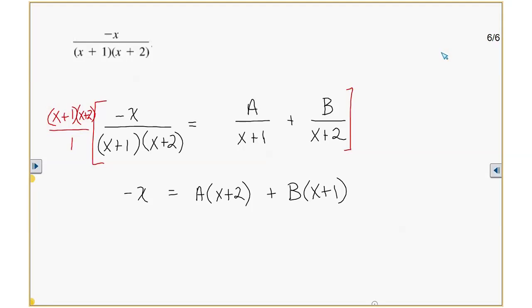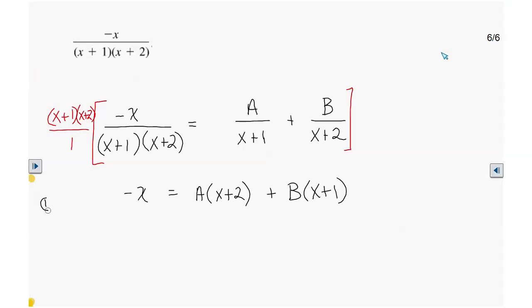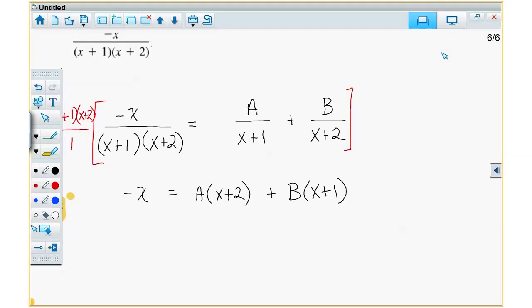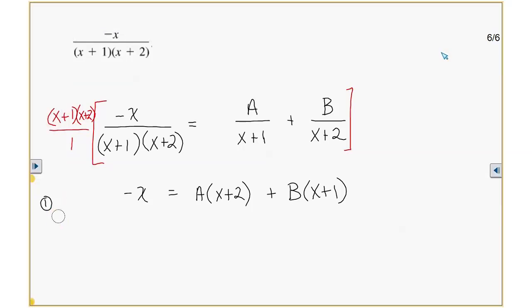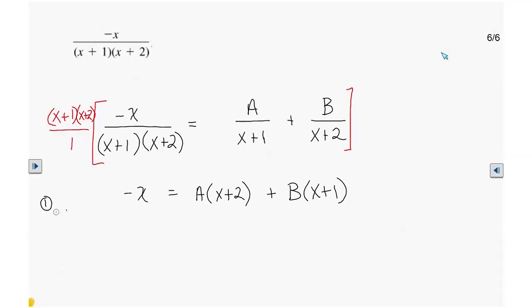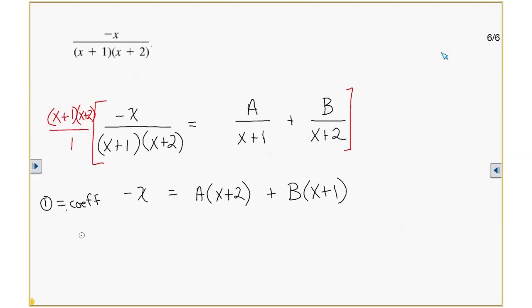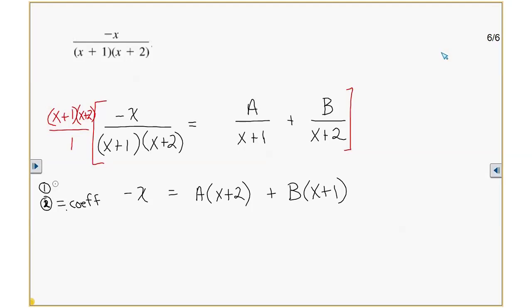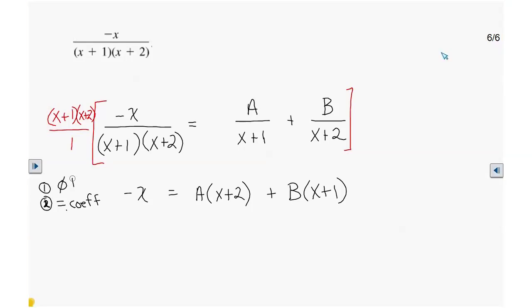Okay, now there's two ways to solve these type of equations. One way is called equal coefficients. The other way, actually, we'll make that number 2. Number 1 is zero factors.